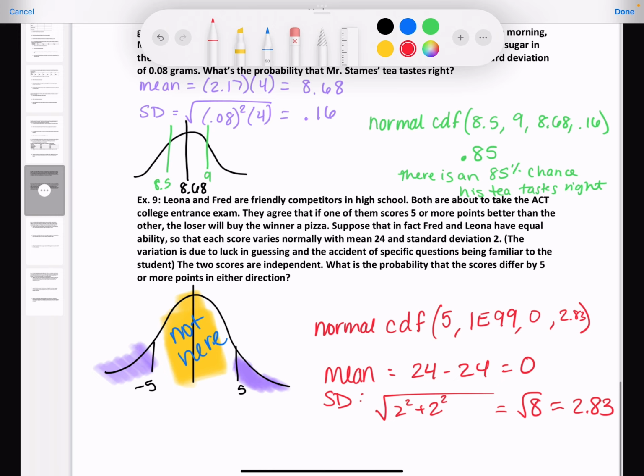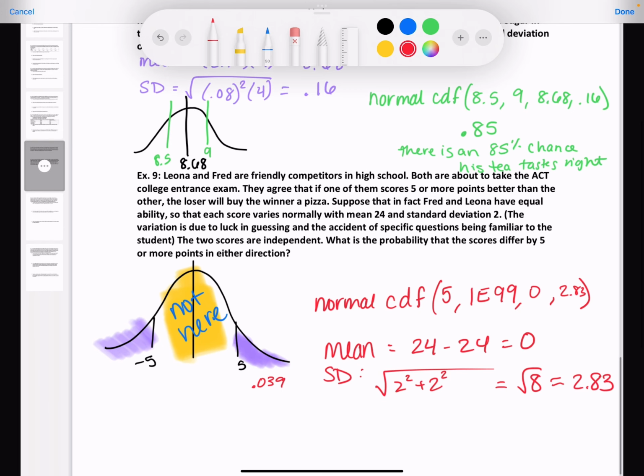Let's go 3 decimal places. So it's 0.039. Okay, and then multiply that by 2 because we need it in both directions. So that only accounts for this side, so multiply it by 2 to also get this side, or add it to itself. Okay, so it's 0.078.